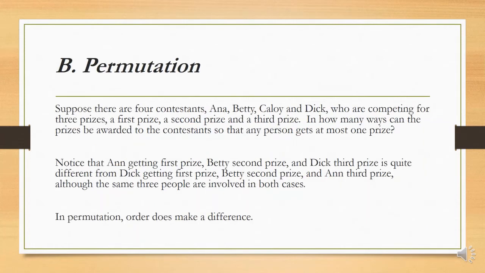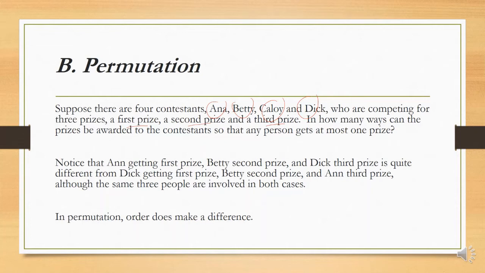Okay, let's have the second technique, which is permutation. So, suppose there are 4 contestants, si Anna, Betty, Kaloy, and Dick, who are competing for 3 prizes. So, a first prize, a second prize, and a third prize. In how many ways can the prizes be awarded to the contestants so that any person gets at most 1 prize?